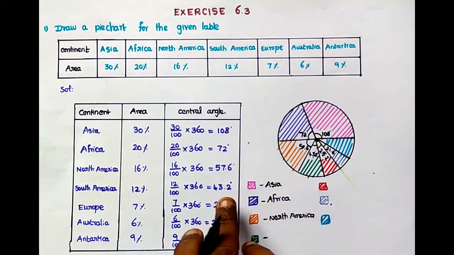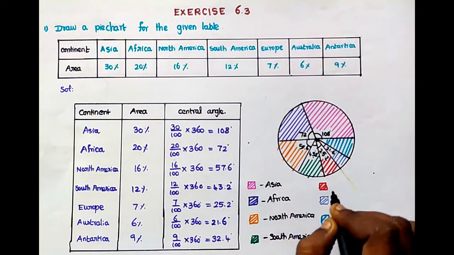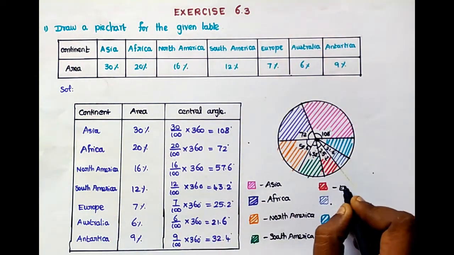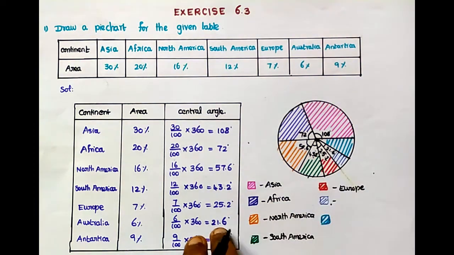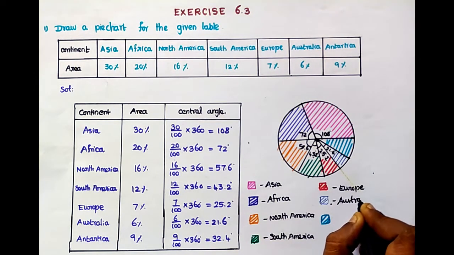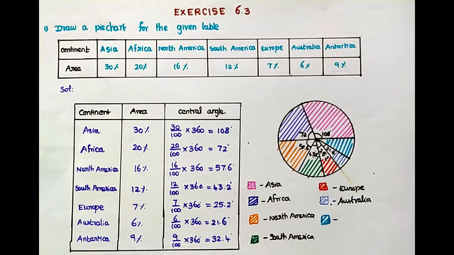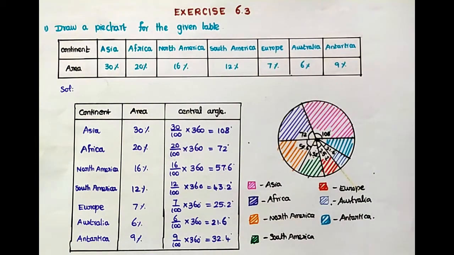Next 43.2, that is South America. Next one 25.2 Europe. Next one 21.6 degree Australia. Next 32.4 degree Antarctica. That is the answer.